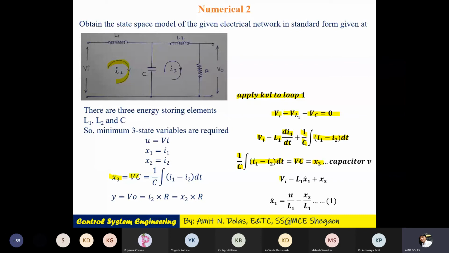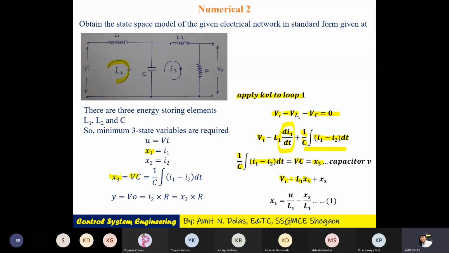So we may write like this: VI minus L1, where the derivative di1 by dt is nothing but dx1 by dt, which is nothing but x1 dot, minus x3.